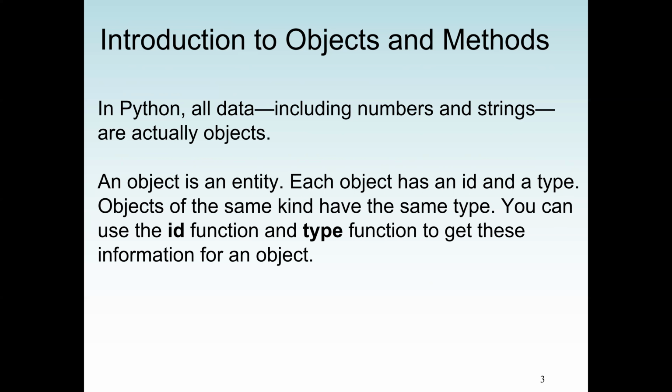You can use the id function and the type function to get this information from an object. If we have an object already declared and we don't know the type or the identity, we can use the id function to get the unique identity number of the object. Also, we can use the type function to tell us if the object contains a value or characters, etc.